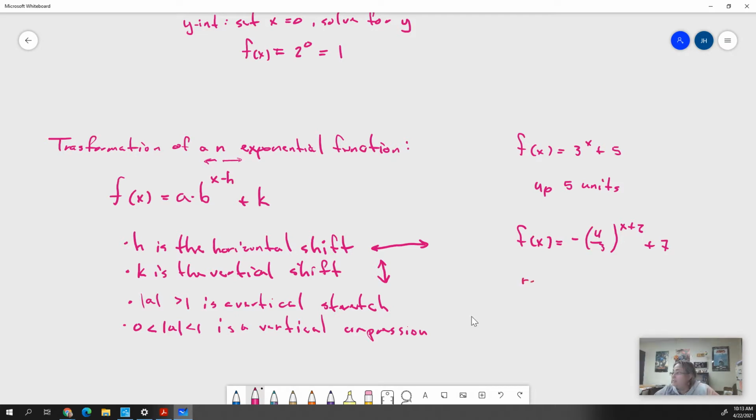So it'll be a reflection over the x. It's going to go this way 2 units. And it is going to go up 7 units.